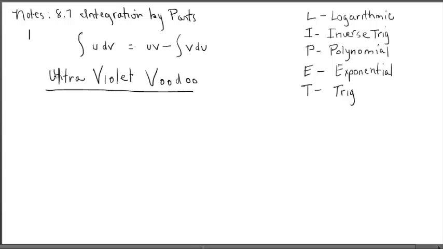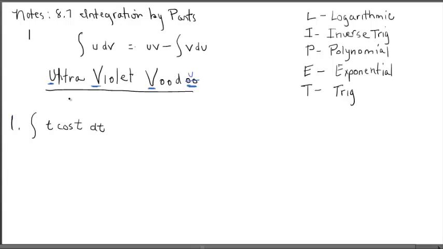If we think about the letters, ultraviolet voodoo: if you're going to do integration by parts, think about this first product, ultraviolet, the product of u and v, and then voodoo, v, and then the d-o. So if you want to spell ultraviolet voodoo this way, that might even be better for you. A little acronym to help you remember the formula.